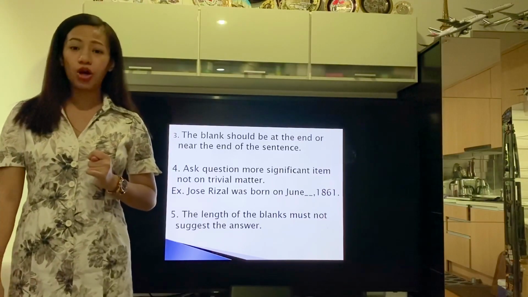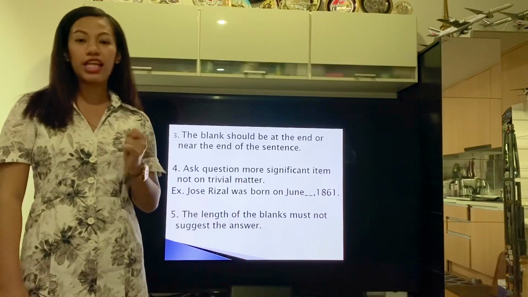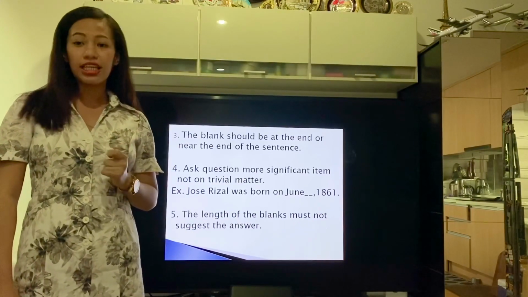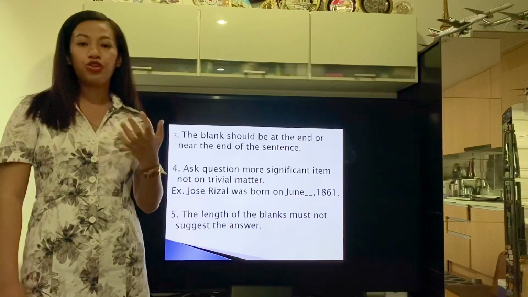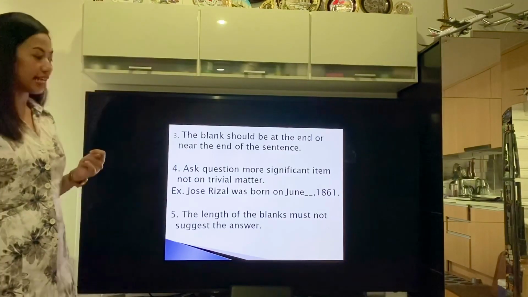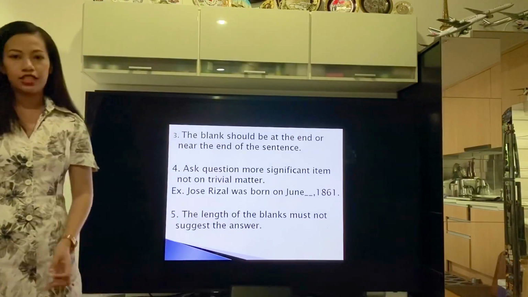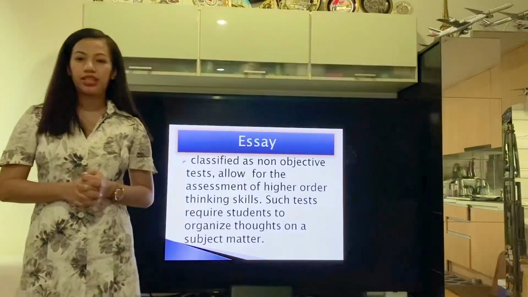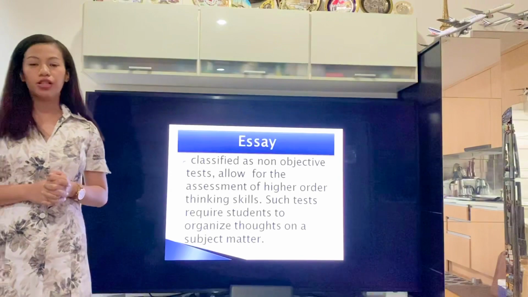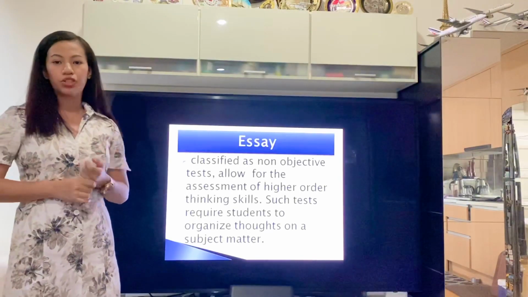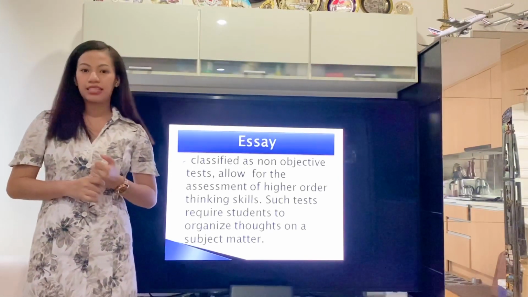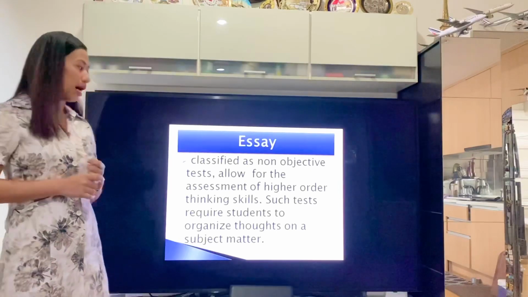Meron kasing gumagawa na kung gaano kahaba or ikli ng sagot, yun din ang blanks. Dapat uniform or pare-pareho ang sizes ng blanks. So, we have to follow these rules for us to be able to construct systematic way na questioning sa mga bata.